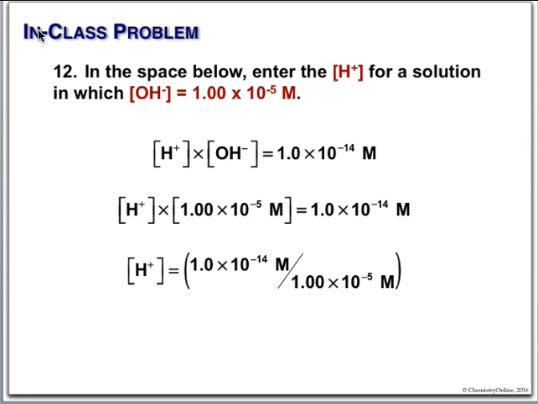Remember, we are dividing here. When we divide, you subtract exponents. So this is going to be minus 14 minus a minus 5. And minus 14 plus 5 is 10 to the minus 9.